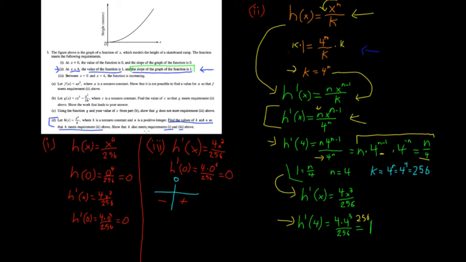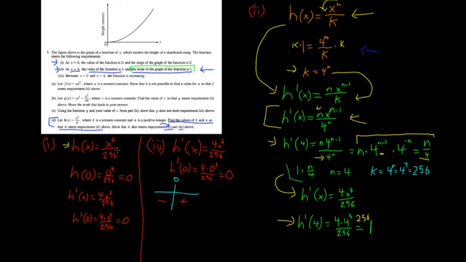Now our next step is to show how h meets requirement 1. So if we go up to requirement 1, we can see that at x is equal to 0, the value of the function is 0, and the slope of the graph of the function is 0. So right here, we're just going to rewrite what our h of x is with all of the k's and n's plugged in.